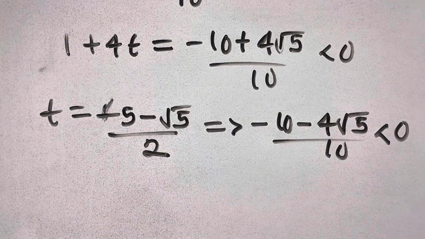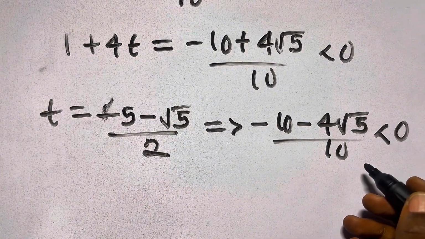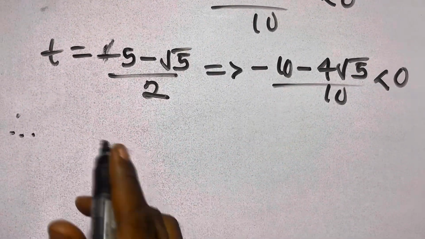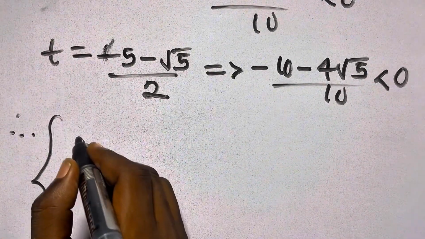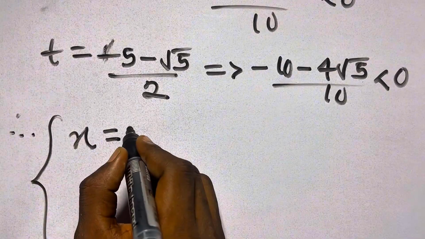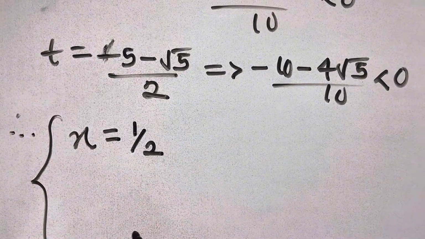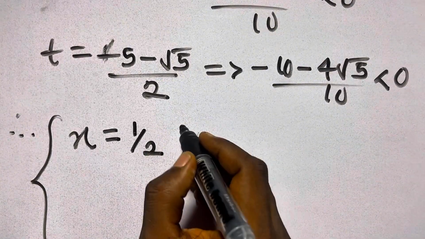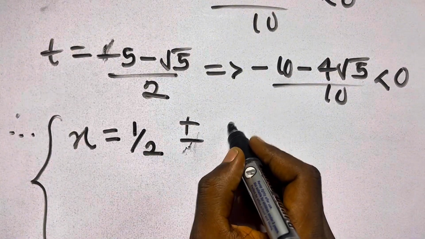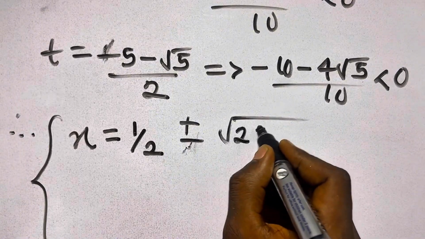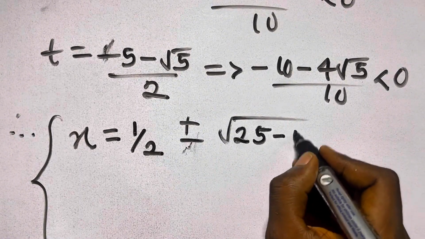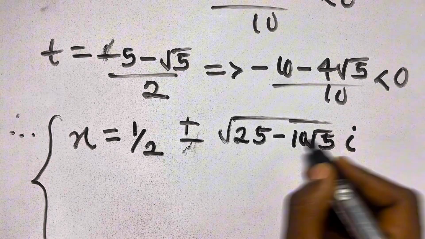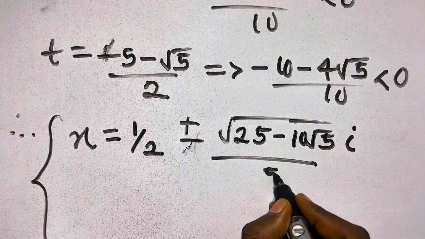What this means is the solution will be a complex solution, and therefore what we will have is, don't forget, we've gotten one root to be 1 over 2. And the other one we have 1 over 2 plus or minus square root of (25 minus 10 root 5) i, divided by 5.